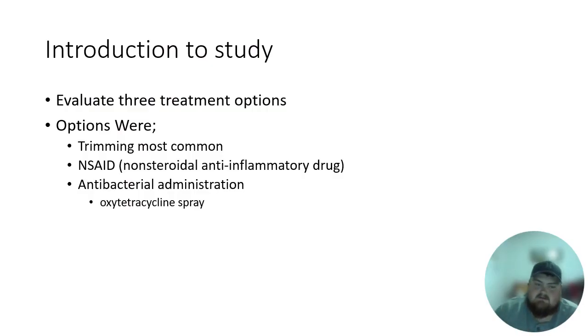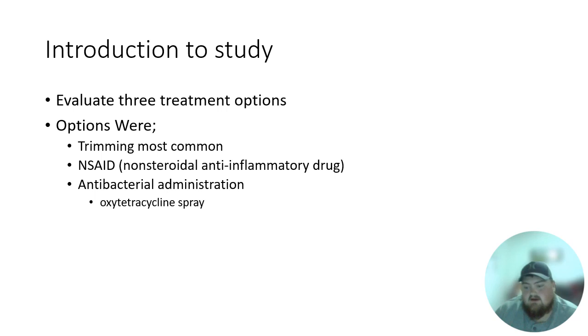So now let's get into some of the study details. As an introduction, they're going to be evaluating three treatment options. The options were trimming, which is the most common way that we treat it now. They're going to use an NSAID, which is a non-steroidal anti-inflammatory drug, usually injectable. And they're also going to be using an antibacterial administration, an oxytetracycline spray.